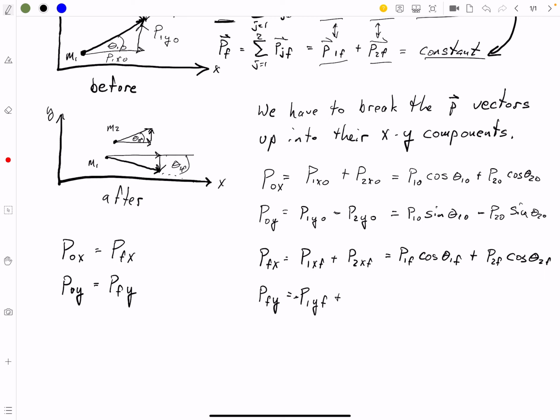And we're going to add in P2Y final. I'm going to flip them around, I don't like having a positive in front.